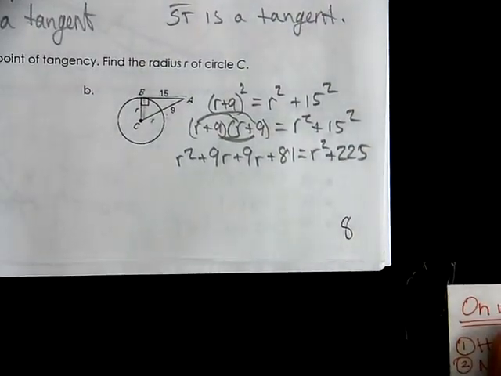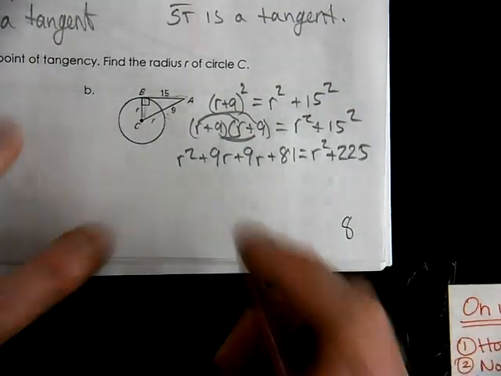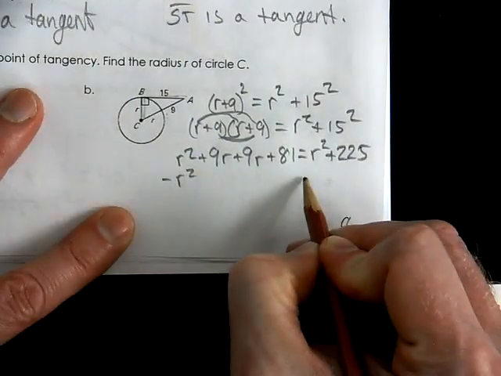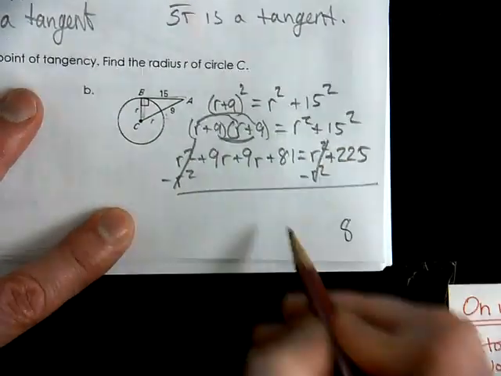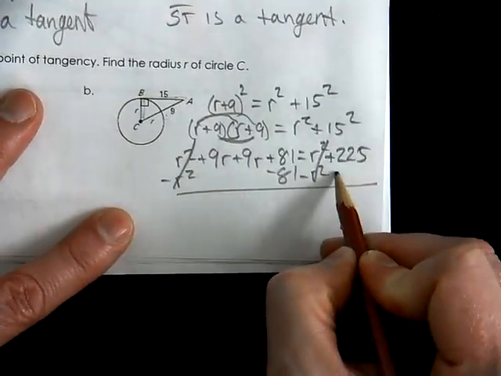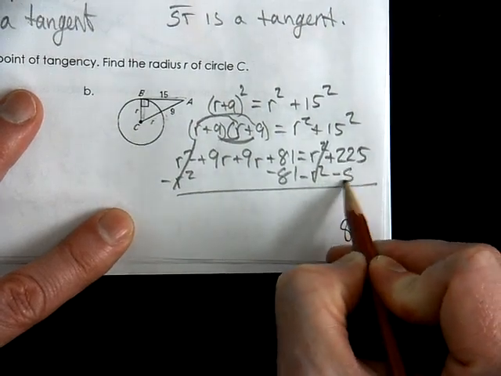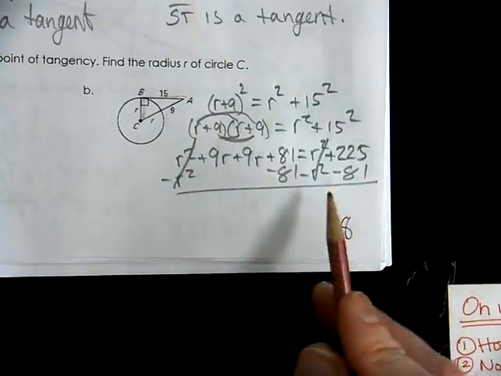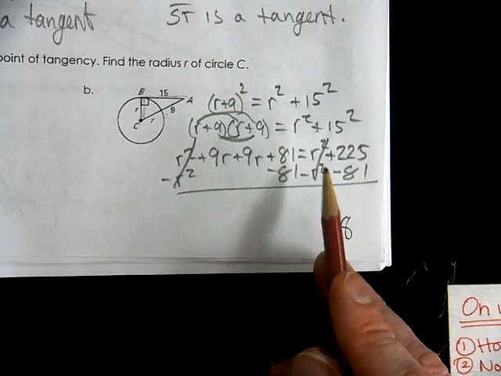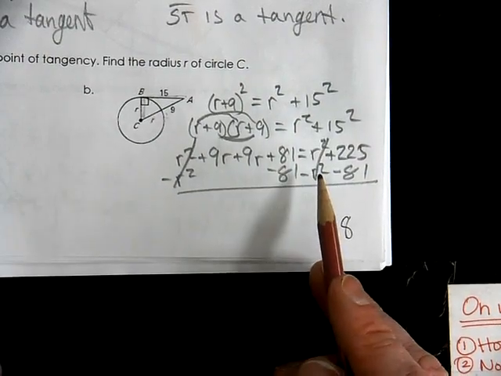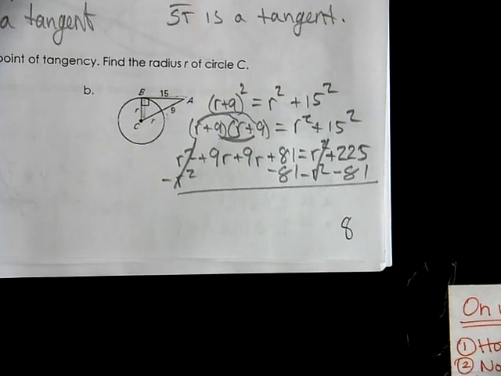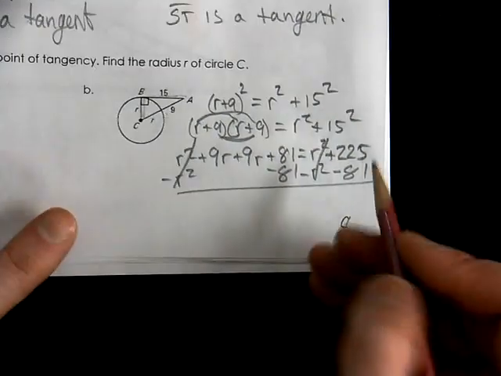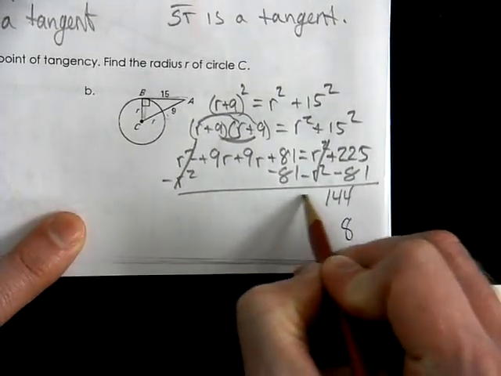Now you're down to just a regular algebra problem where we have to collect our like terms. Since they go on opposite sides of the equal sign, we subtract the R squared, we subtract the 81, we get 144.